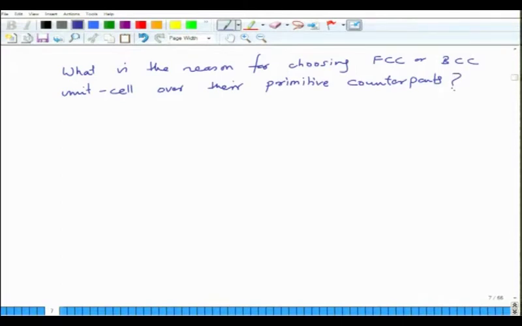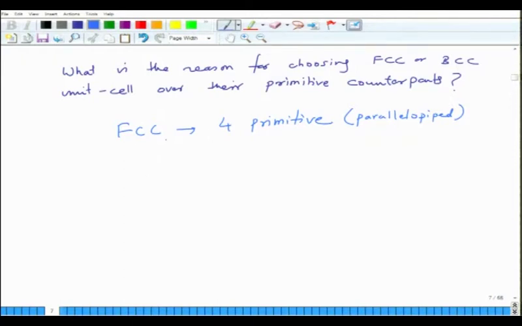You have seen yesterday that one FCC is made of 4 primitive lattices. What is the shape of that lattice? It is a parallelepiped, right? It is not a regular shape, cube shape or something like that.